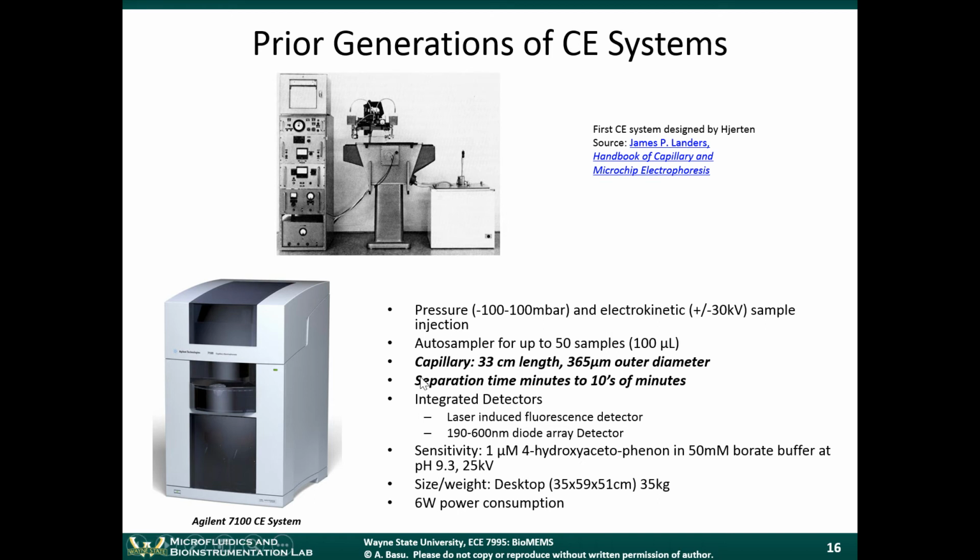Because you have a long capillary, it also takes the molecules a long time to go through. So the separation time is minutes to tens of minutes. And the sensitivities are somewhere on the order of 1 micromolar. It also has these integrated detectors. These are commercial systems, prior generations of CE.